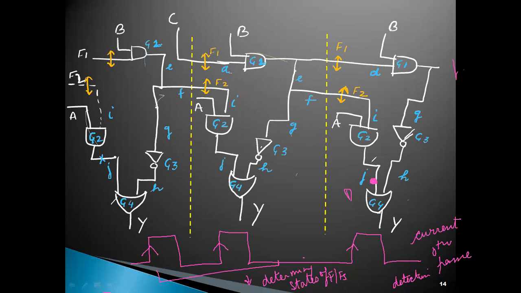So for D here to be propagated, if I try to backtrace, because A is a primary input, I don't need to initialize. A is never set to D or D bar. So I will put it to 1, so that whatever is the logic level propagated through these flip-flops comes here.